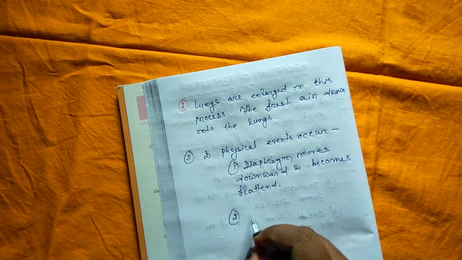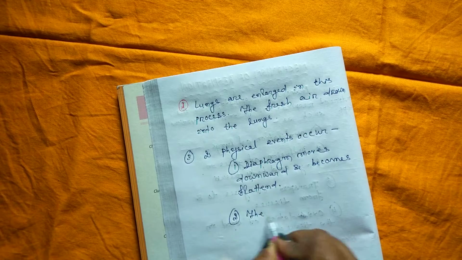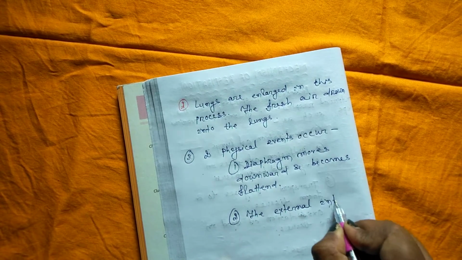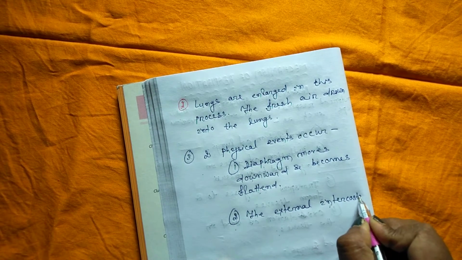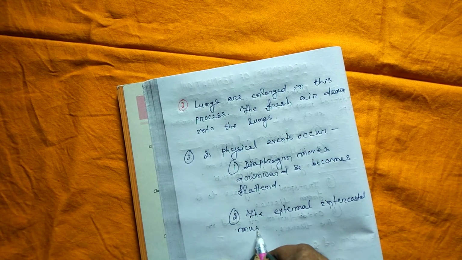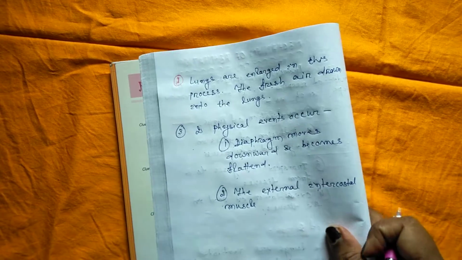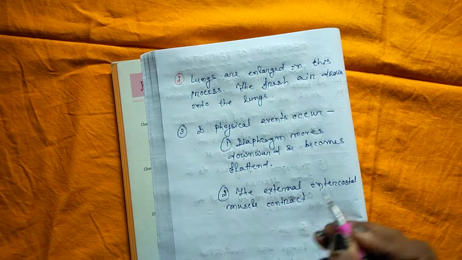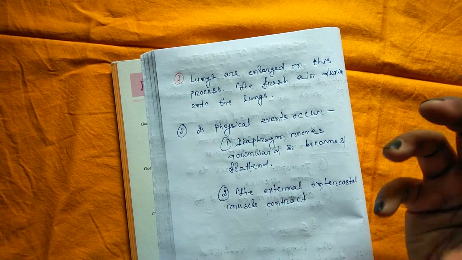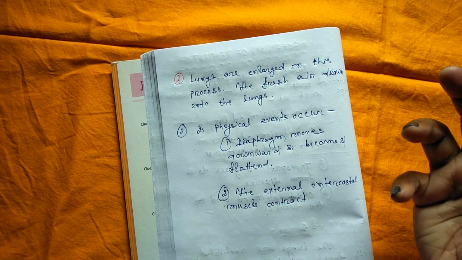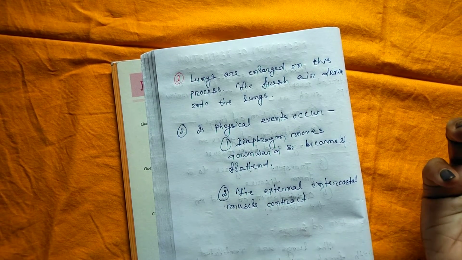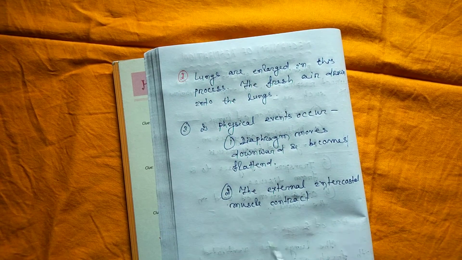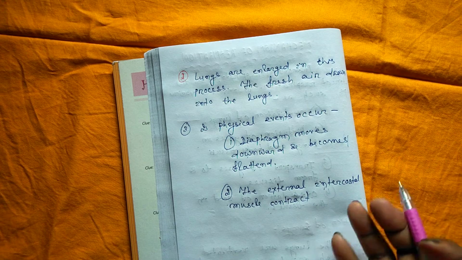And the second event is the external intercostal muscle contracts. These two events occur to increase the carrying capacity of the lungs, that is, for oxygen. The diaphragm, which is dome shaped, becomes flattened and the external intercostal muscles contract.